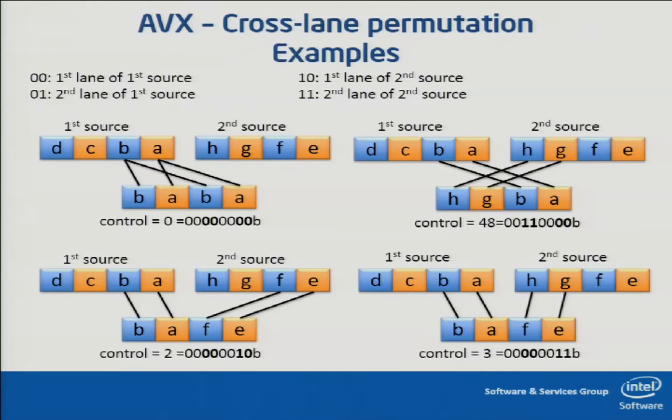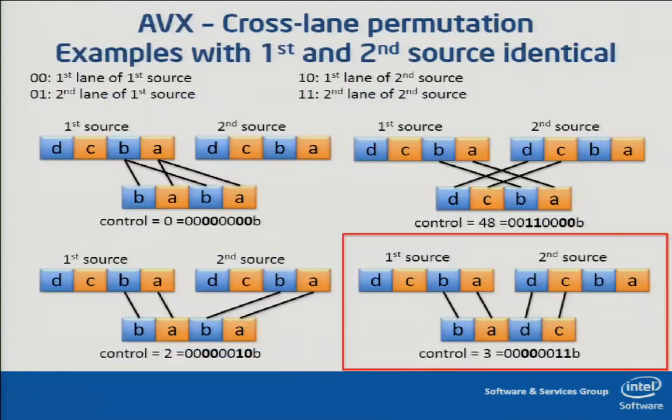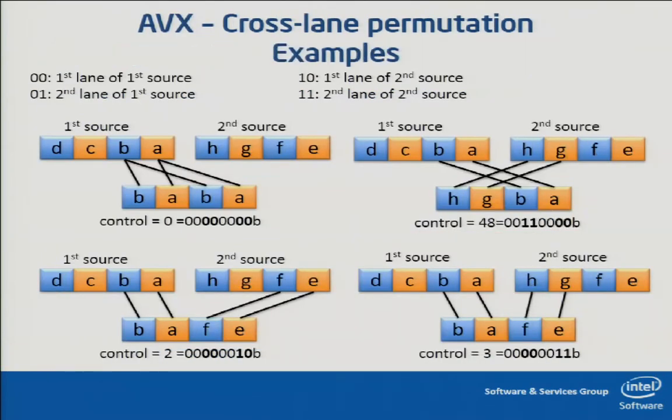And just to show you how it is calculated, this is how it is calculated. There might be fancy macros in our header file that do that a little more transparently, but I give you some useful values. So essentially what you have to look for is, in an 8-bit integer, the zeroth and first positions and the fourth and fifth positions.